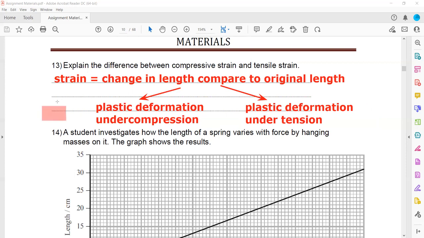How much the size changes compared to original, we call that compressive strain. But if force is applied to increase the size, how much the size increases compared to the original size, that is known as tensile strain. Is this question clear? Yes, clear.